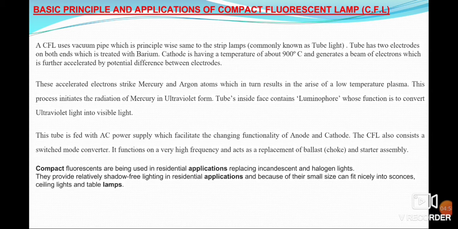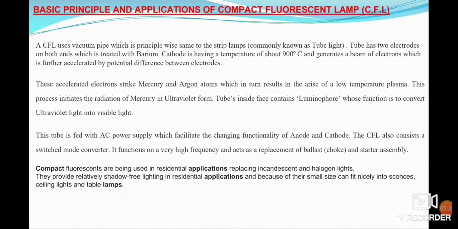The cathode is at a temperature of about 900 degrees Celsius and it generates a beam of electrons which is further accelerated by the potential difference between electrodes. These accelerated electrons strike mercury and argon atoms, which in turn results in the rise of a low temperature plasma. This process initiates the radiation of mercury in ultraviolet form.